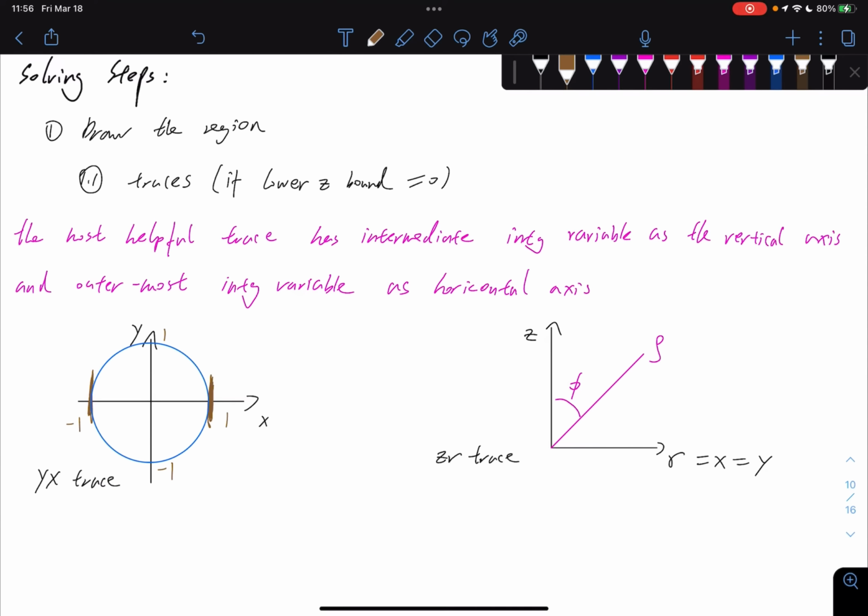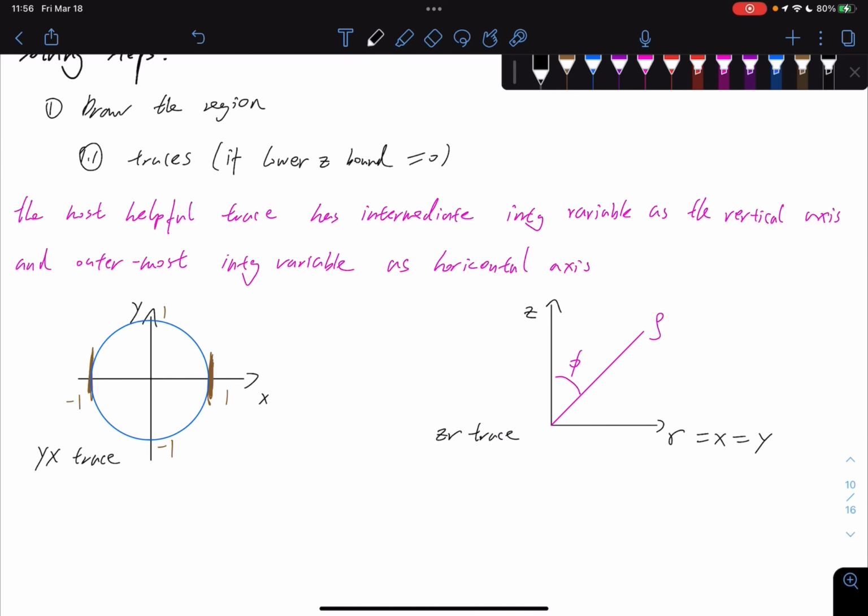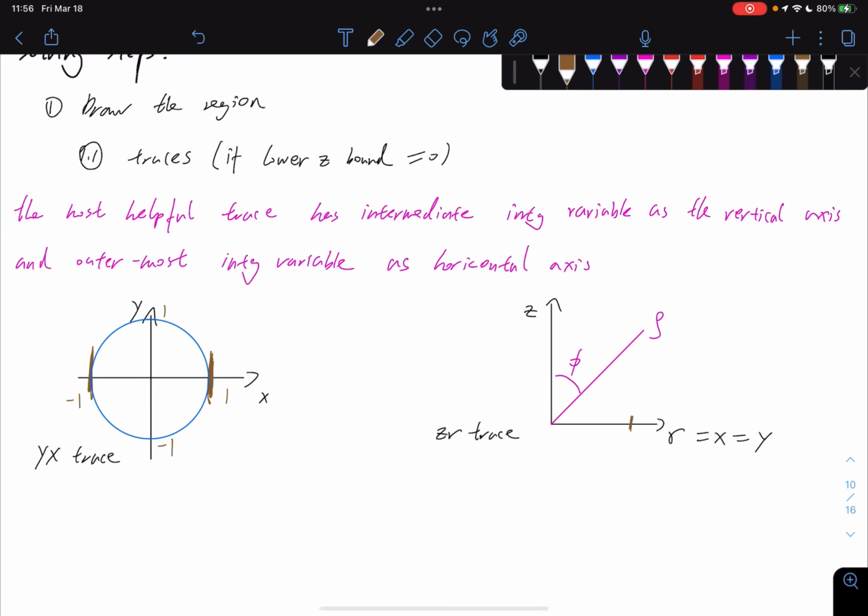So from the XY trace, we know that the upper bound of r is just 1, because the maximum radius is just 1. So we're going to draw that out right here. So 1, and then we're going to extend up.